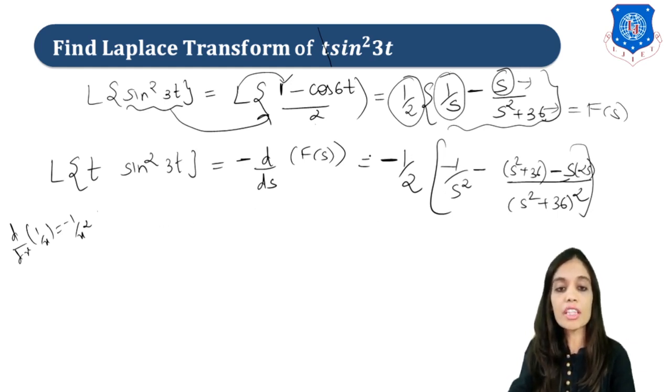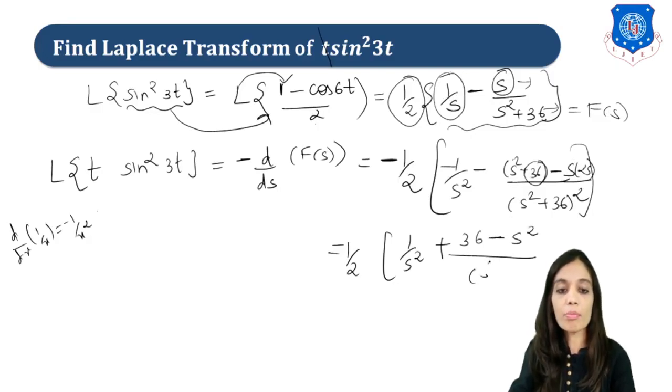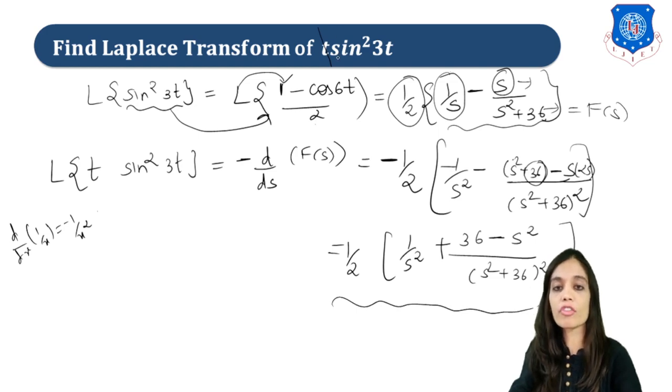So firstly we will take this minus outside, so 1 upon 2 will come, 1 upon s square will remain as it is, your plus sign will come. Now just simplify this. So this 36 will remain as it is. Now s square minus 2s square, it will be minus s square upon s square plus 36 whole square, right? So this is our final answer of Laplace of t sin square 3t.